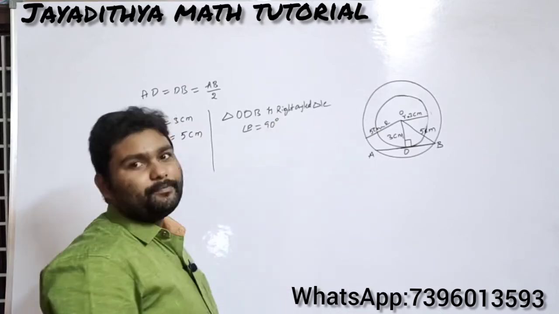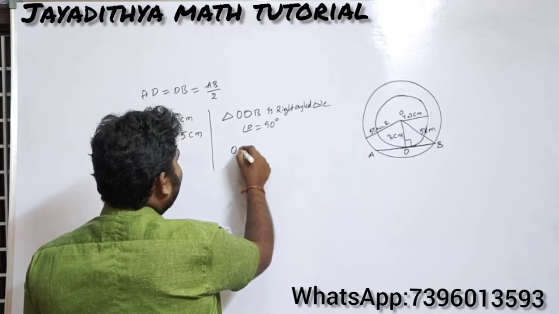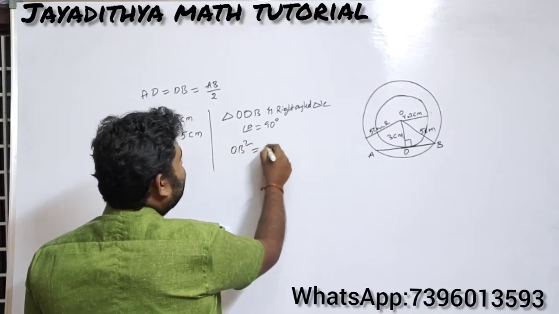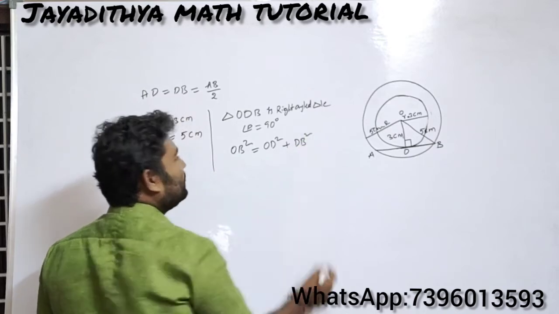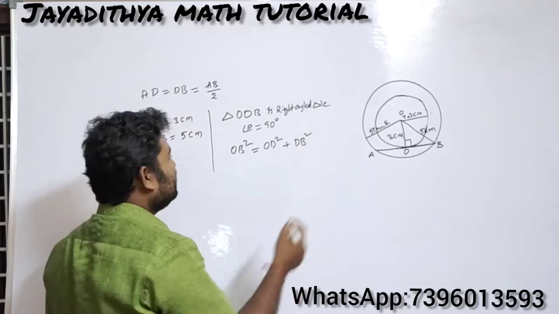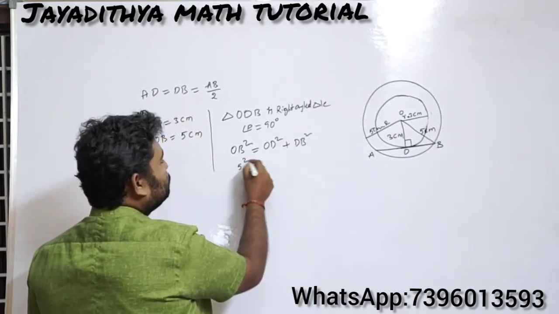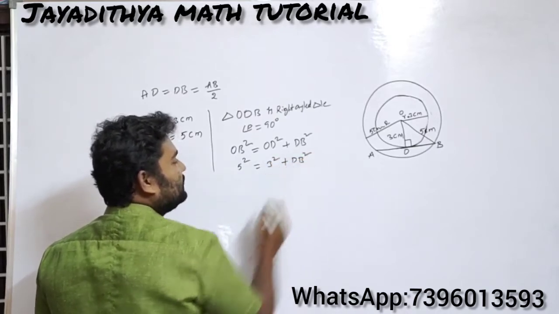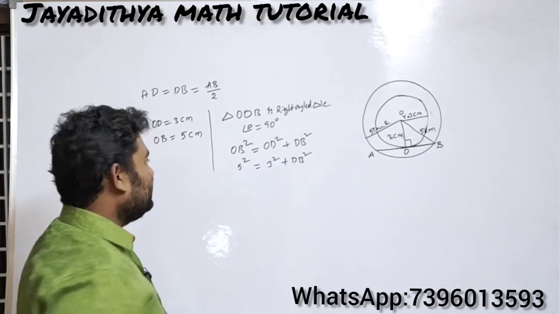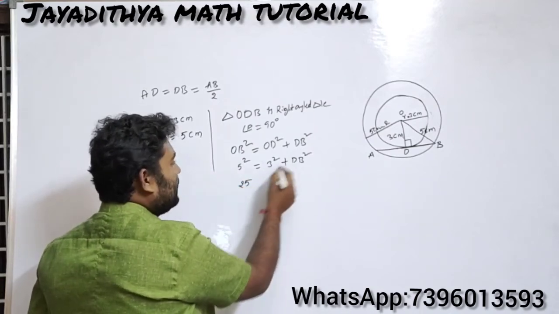Our hypotenuse will be OB. So you can write, by using the Pythagoras Theorem, OB square is equal to OD square plus DB square. Substitute all the values here. This is 5 square is equal to OD, which is 3 square, plus DB square. So this is 25 and this is 3 square.